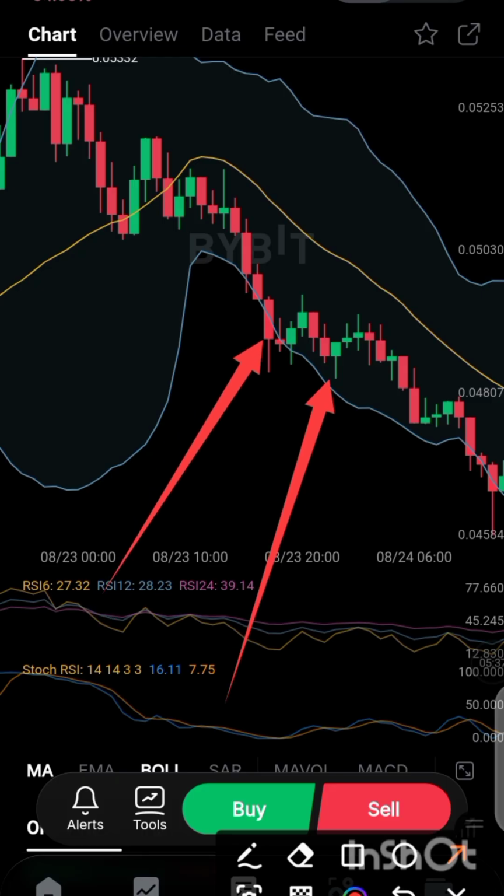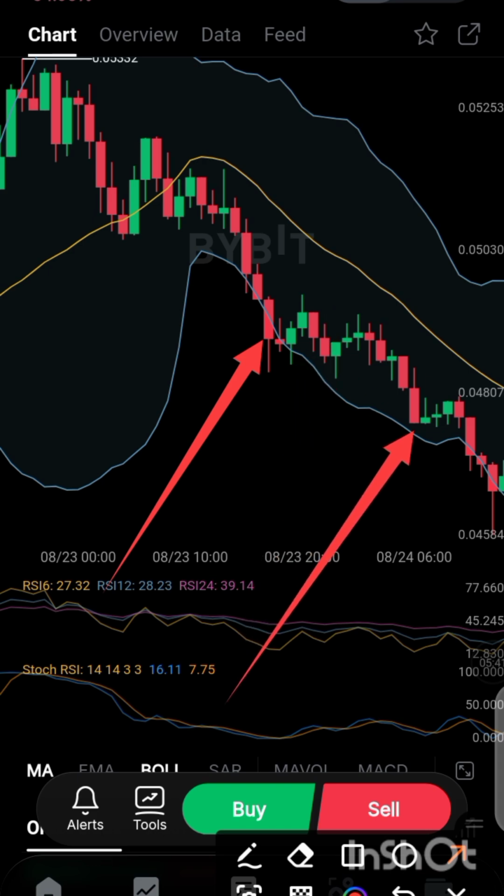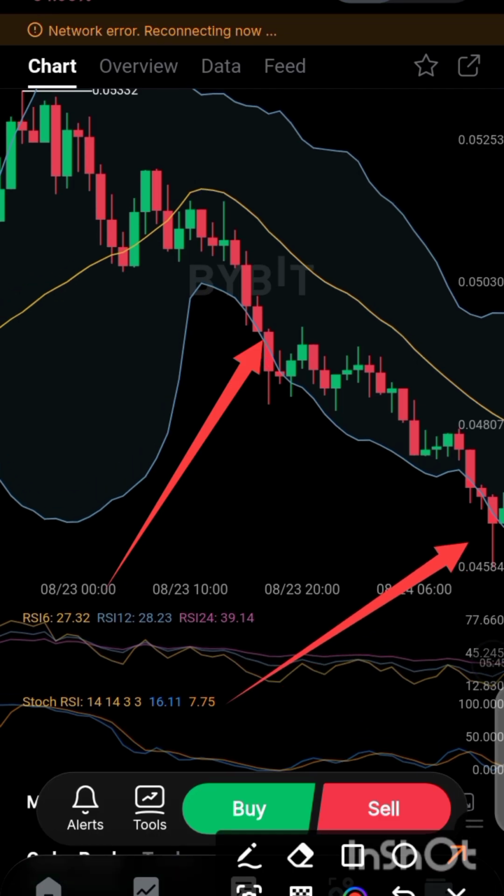It went a little bit up, and then it continued to go down, extremely down from this place, but it had already crossed this particular line. So what do you need to do? Because this is where you make money from.